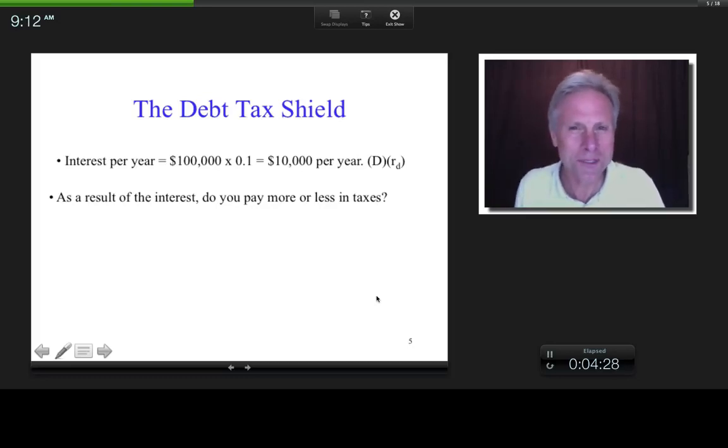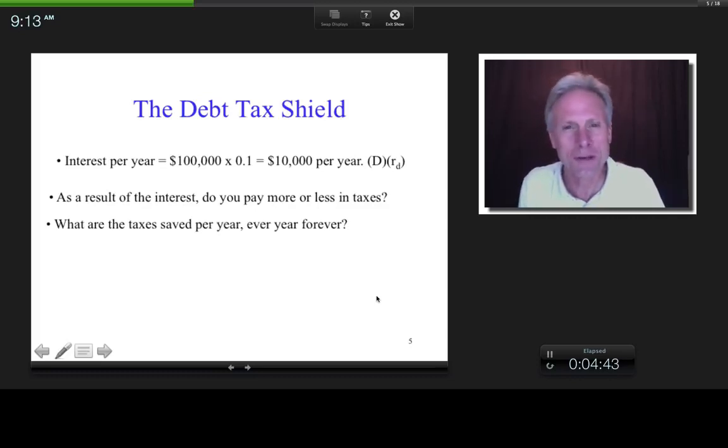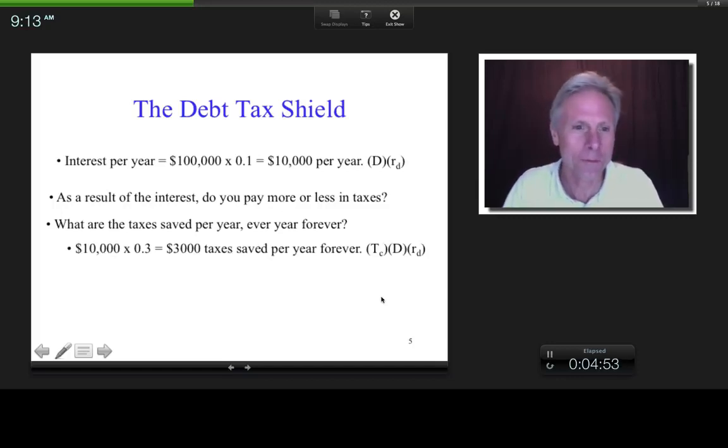But this is the opposite, right? This is reducing your taxable income by 10,000. So if your taxable income is reduced by 10,000, then would you pay more taxes or fewer taxes? You'd save on taxes every year, right? Well, how much would you save? Well, the $10,000 in less taxable income multiplied by the tax rate. Or in other words, $3,000 is what you'd save every year forever.